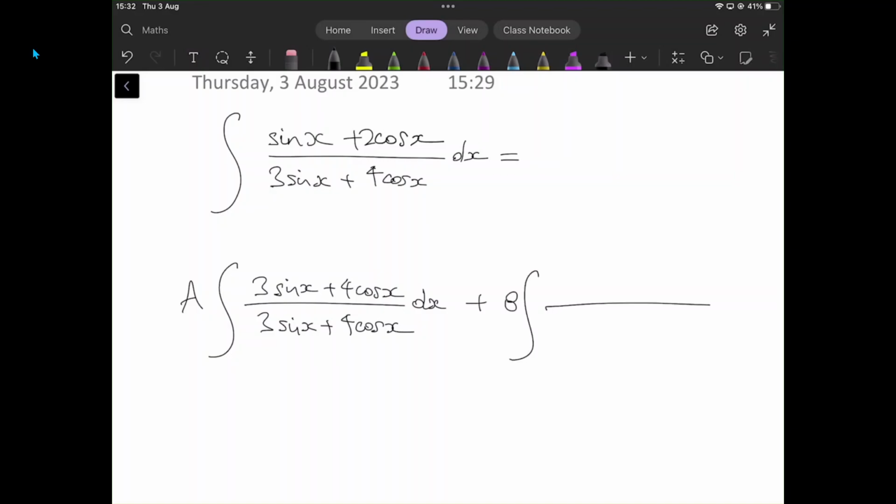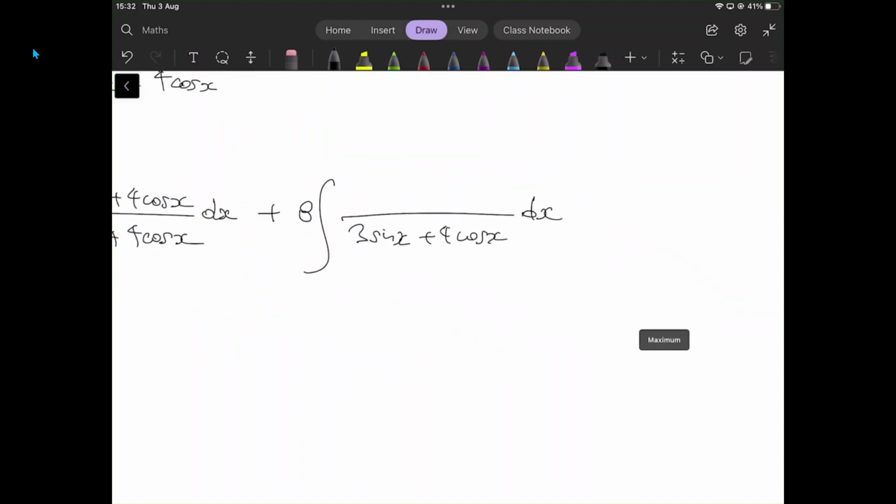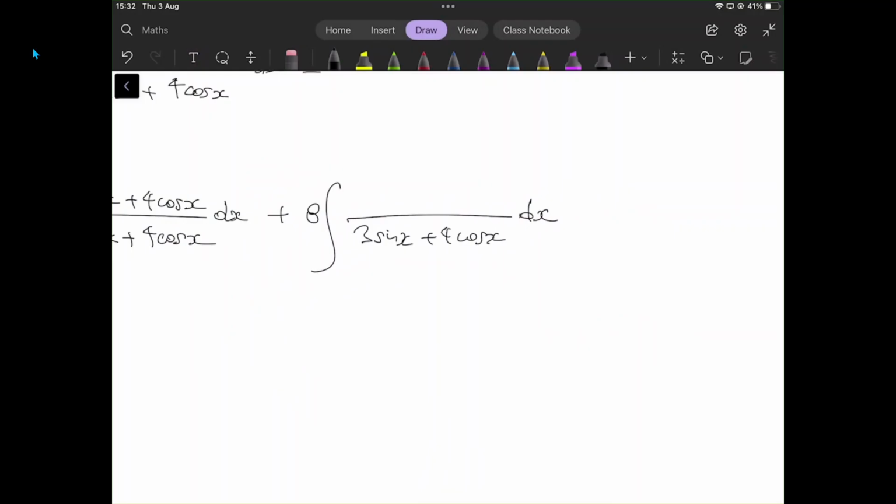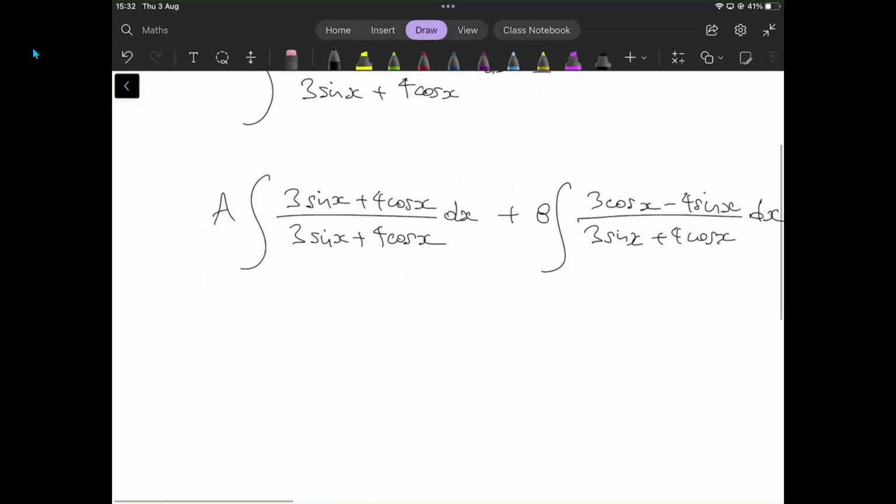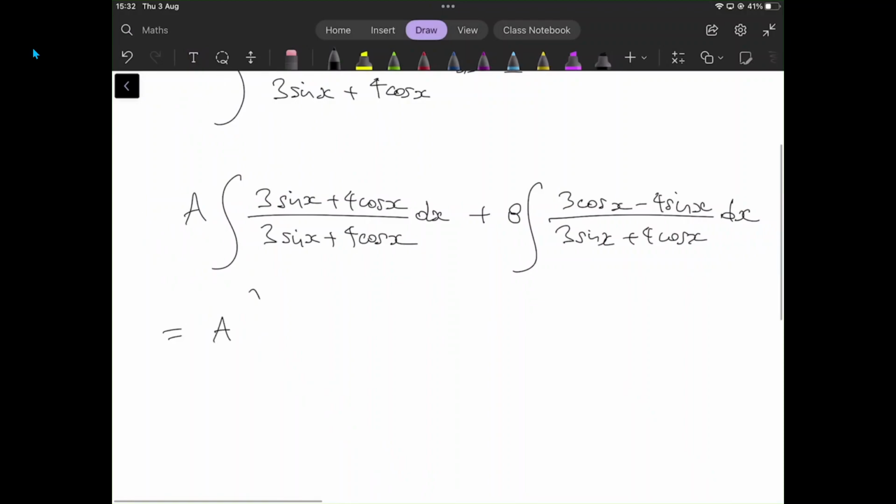On the bottom we have the same denominator as we've always had. There you are. We still have the dx, but we will want the numerator to be the derivative of the denominator. So the derivative of 3 sine of x is of course 3 cosine of x, and that of 4 cosine of x is minus 4 sine of x. So that we end up with a lots of the integral of 1 dx plus b lots of all of this.